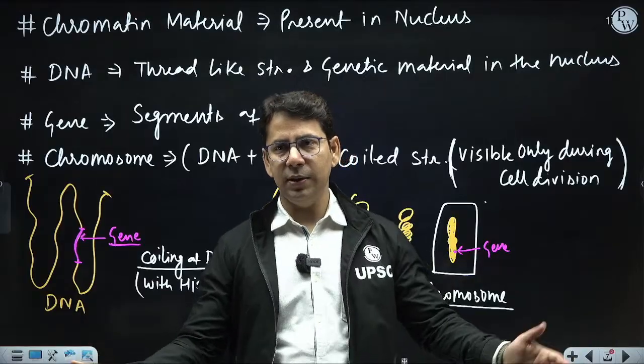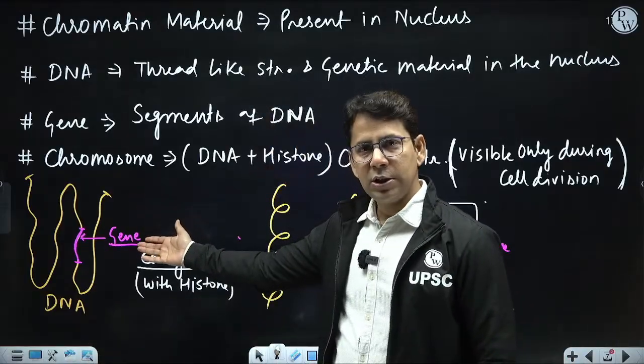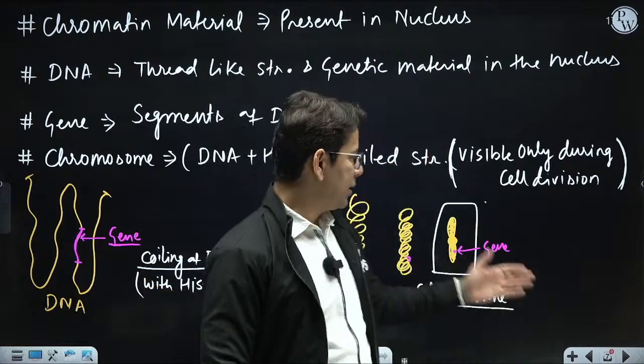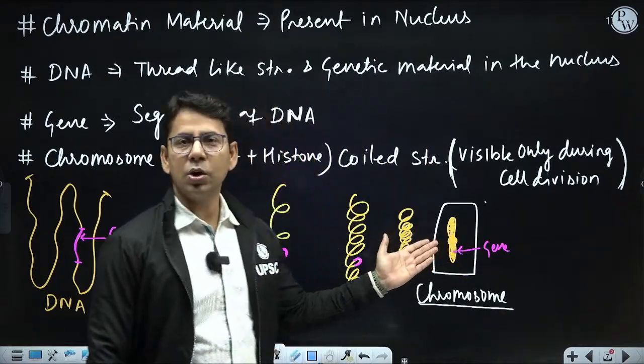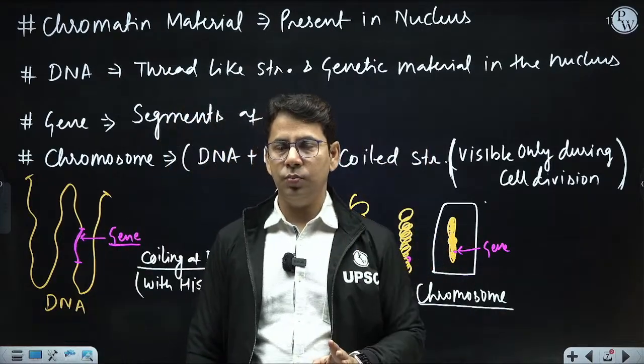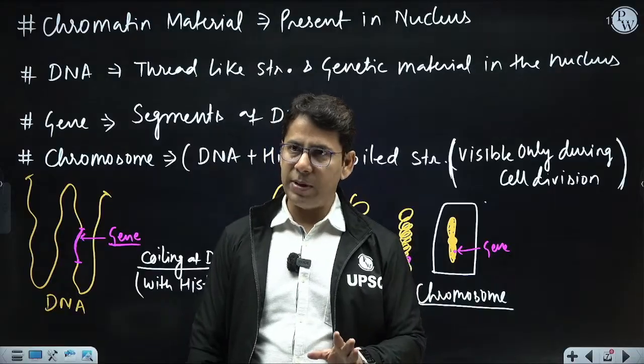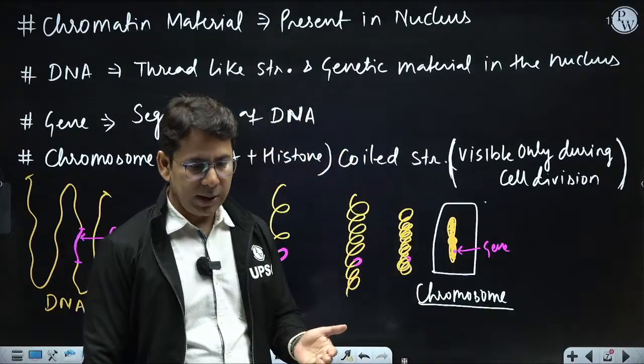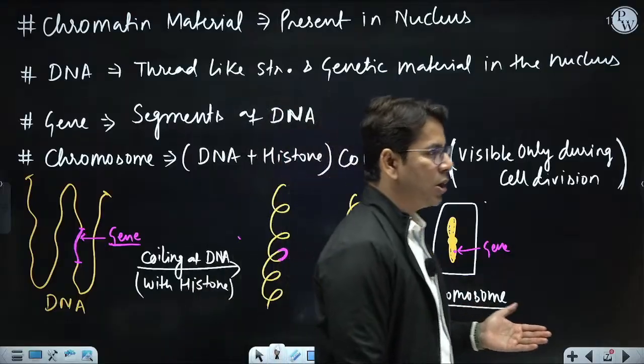It's the same thing. If you look at this part, genes are segment of the DNA. If you look at this part, genes are located on the chromosome. Both statements are true, right? Genes are segment of the DNA and genes are located on the chromosome.